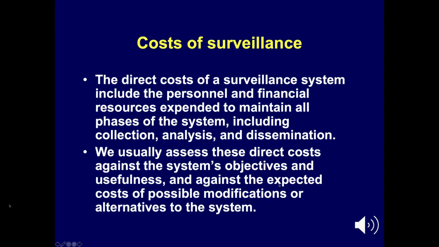So you can think about things like the cost per case detected, or the cost per case treated or prevented, things like that. If the goal of your surveillance system is about disease control, you can think about relating the cost to some of the system's key outcomes.